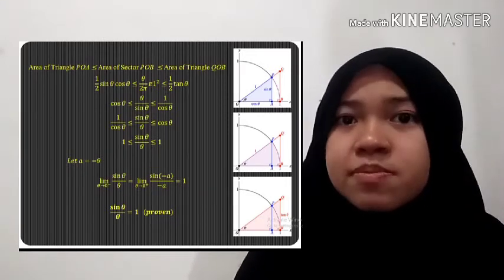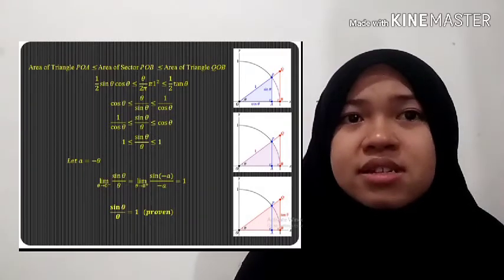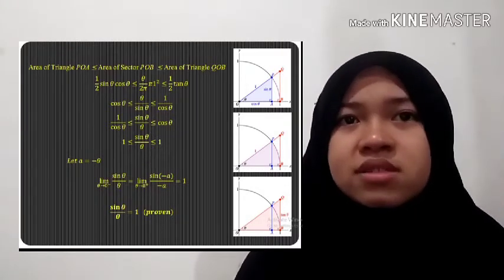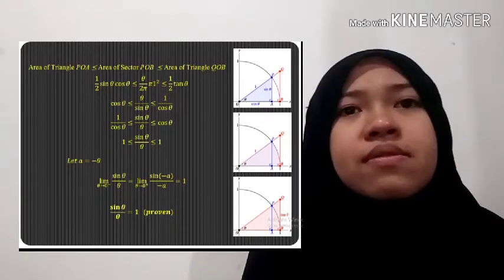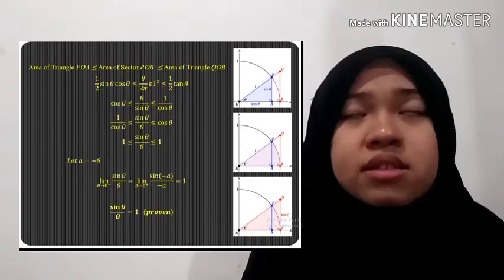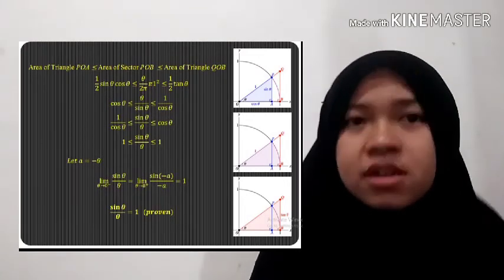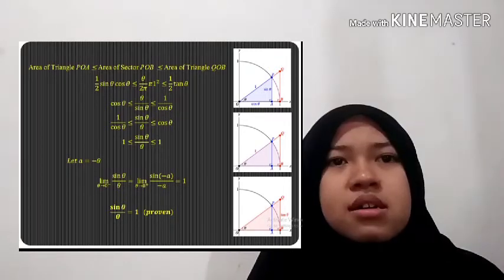So 1 is greater than or equal to sine theta over theta, which is greater than or equal to 1. We've proven that the limit as theta approaches 0 from the positive side of sine theta over theta is equal to 1.